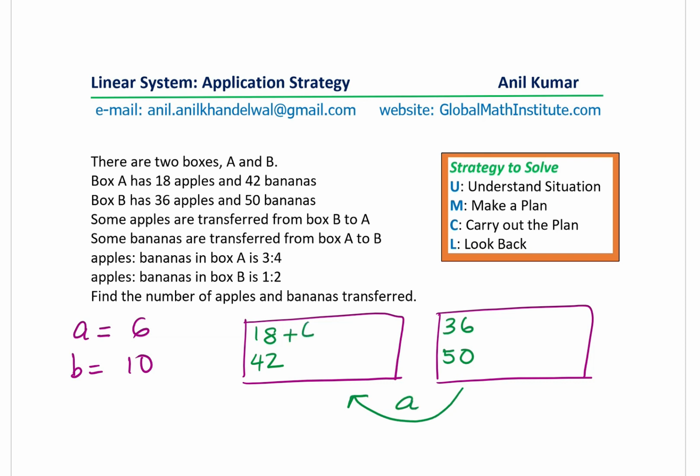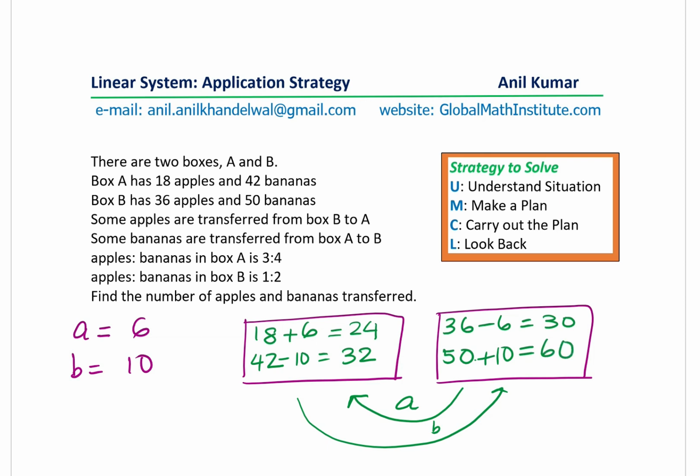So in apples, we got plus 6, minus 6, and that number gives you 30 here. And when you add 6, we get 24. On the other side, we actually transferred from here bananas, which were 10. So when you transfer, you get less 10. So it becomes 32. In this case, adds up 10, so you get 60.